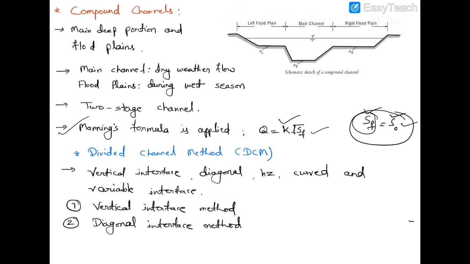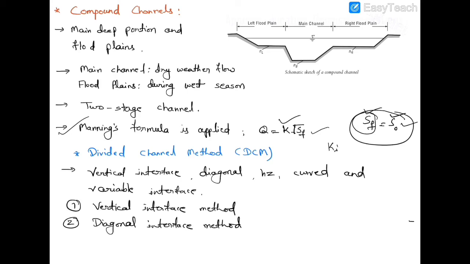However, to account for the different hydraulic conditions like geometry and roughness of the main and floodplain sections, the channel is considered to be divided into subsections with each subsection having its own conveyance denoted by Ki.